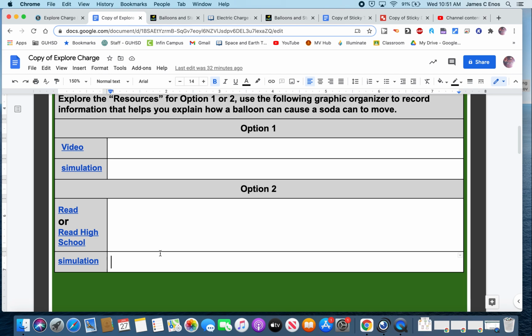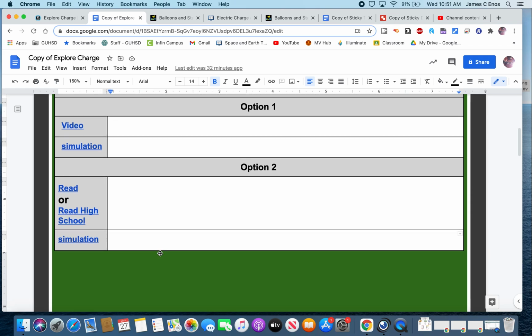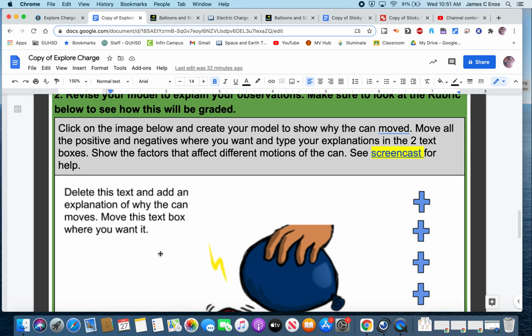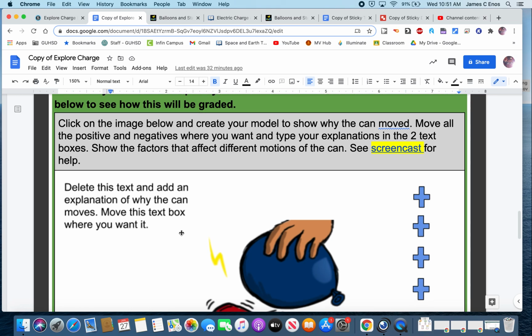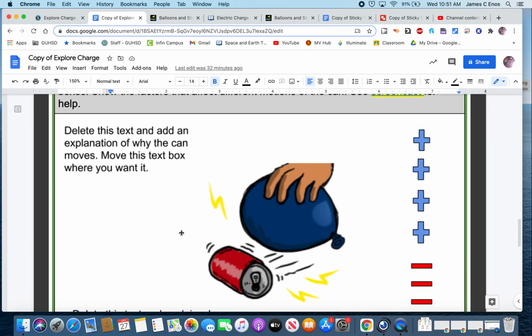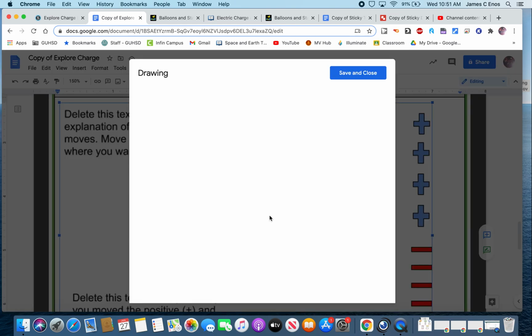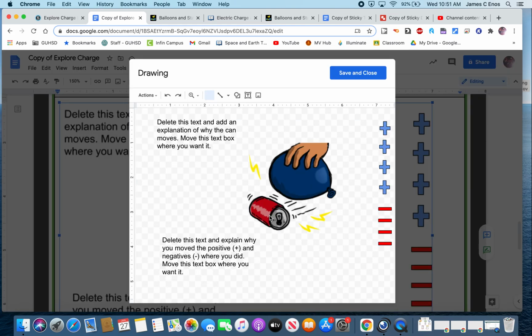Now, I just wanted you to write down some stuff here to organize your thoughts, to help you explain why that soda can was able to move. As I bring this down here, this is where you have this Google drawing embedded into this document. I want you to use this Google drawing and explain why that can was able to move.